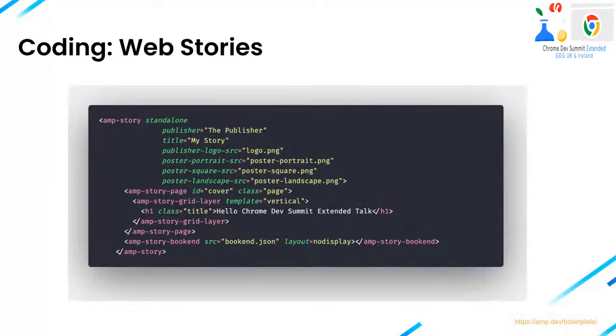That also helps so that we don't need to worry about different screens or different layouts, because everything will be responsive for us; AMP will handle that. Inside that, we have our content. I just put some dummy content, like Hello, Chrome Dev Summit Extended, and there is a talk again, but that's just a test.